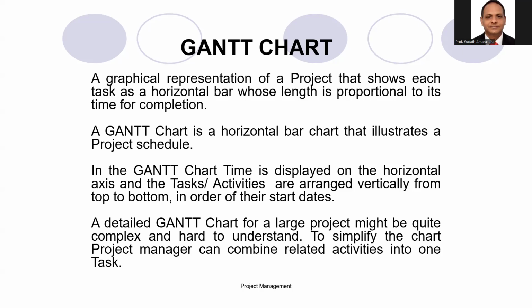In the Gantt chart, time is displayed on the horizontal axis and the tasks or activities are arranged vertically from top to bottom in order of their start dates. A detailed Gantt chart for a large project might be quite complex and hard to understand. To simplify the chart, the project manager can combine related activities into one task.